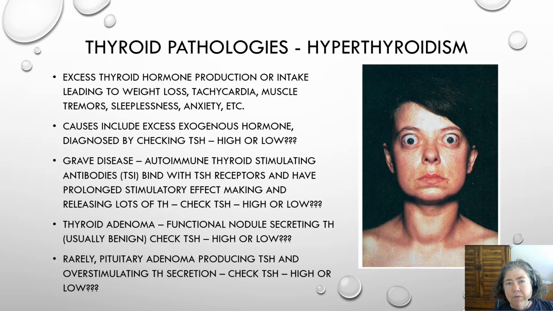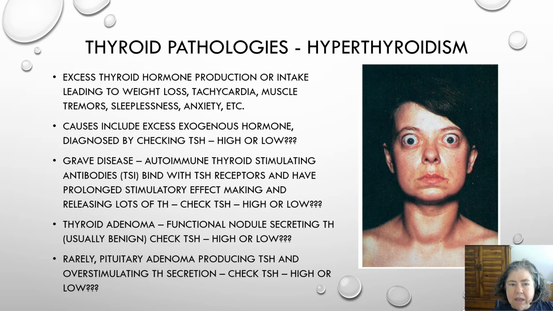Another cause of hyperthyroidism is an adenoma, usually a benign tumor that is functional and not under the normal control of the regulatory mechanisms and homeostatic mechanisms like TSH. So if you have a functional nodule, which would be called a hot nodule, that's taking up a lot of iodine and secreting a lot of thyroid hormone, you can become hyperthyroid.